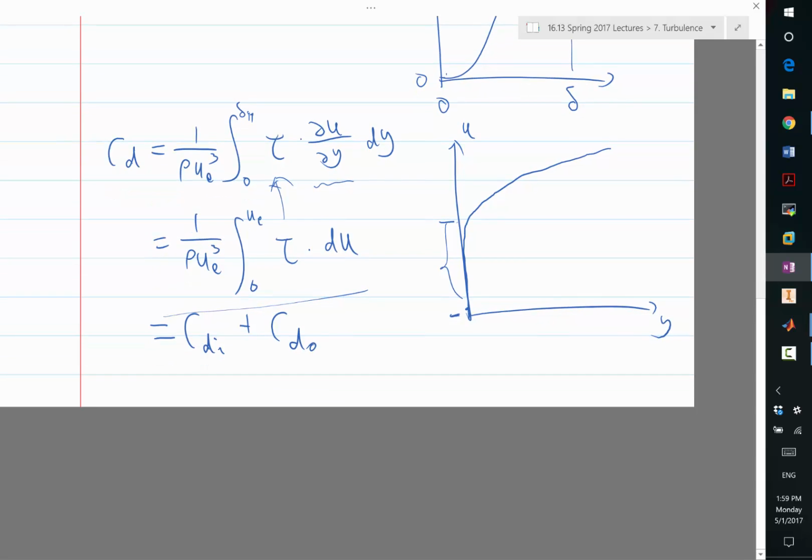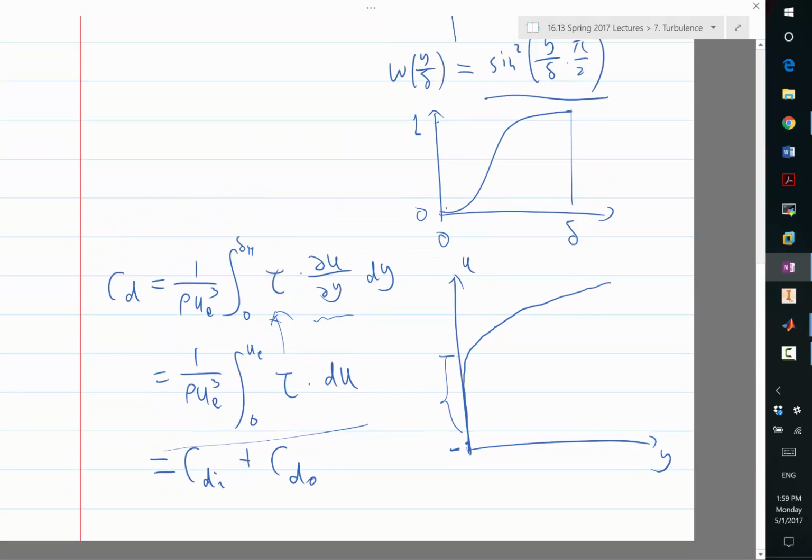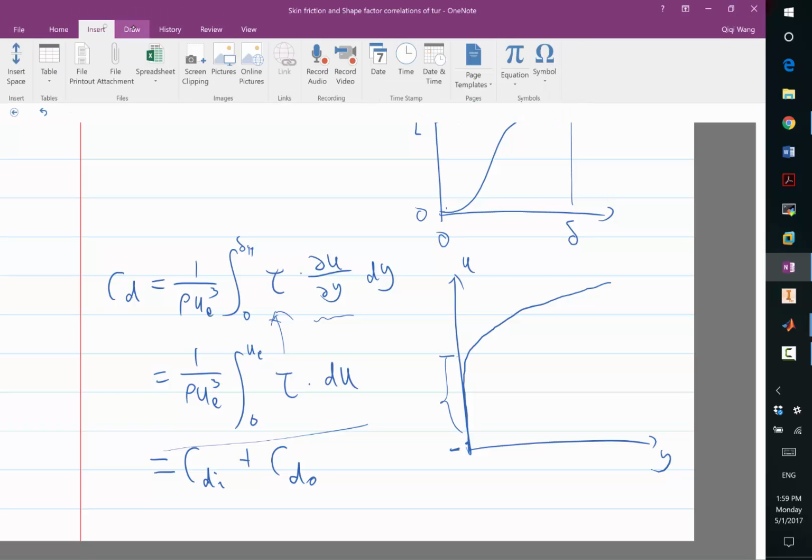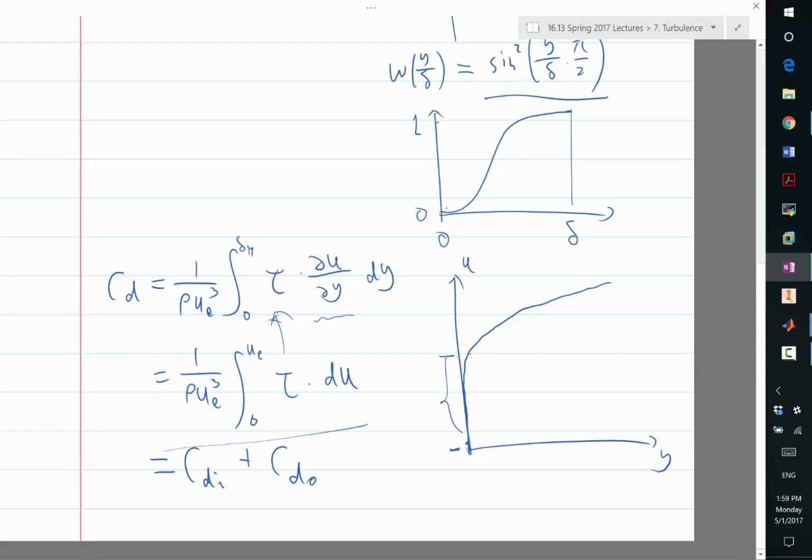So CD inner is equal to 1 over UE cubed times the integration from 0 to here. Let's define this as US, where the inner and outer layer meet, of tau wall times du.